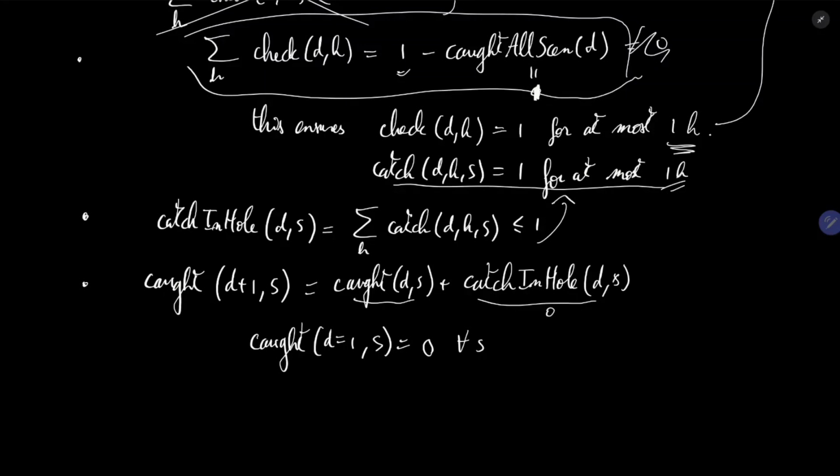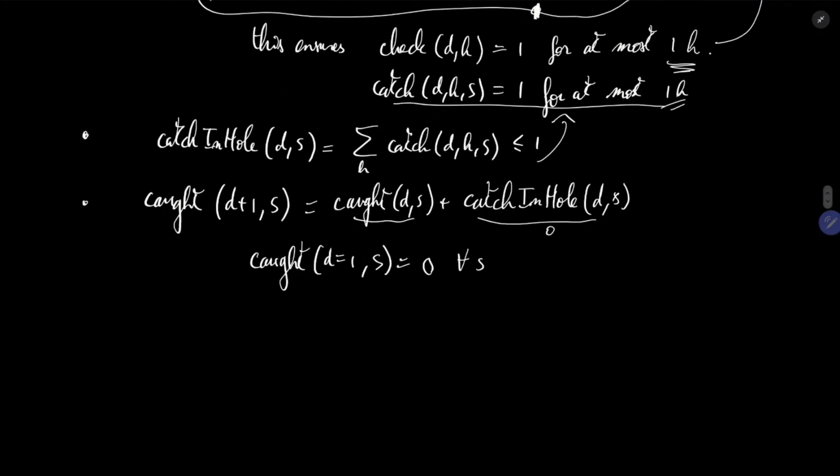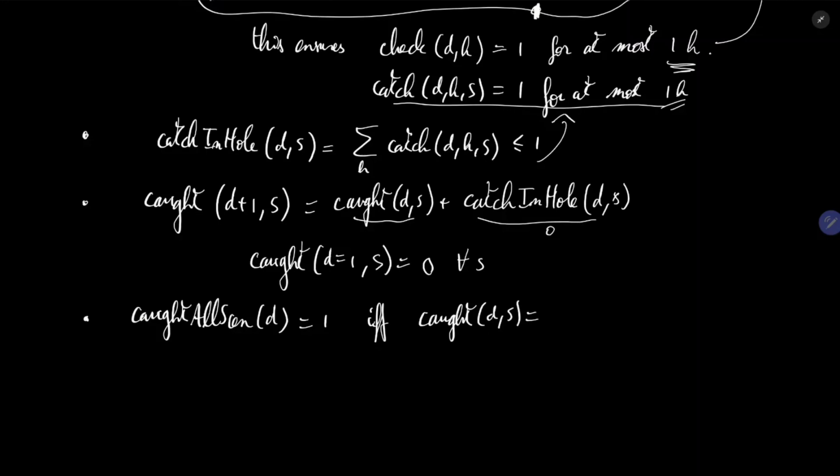Okay, let's continue. So now we are going to define the variable caught all scenario that only depends on D and not the scenario because it's for all the scenarios. And basically this will be equal to 1 if and only if caught ds is equal to 1 for all scenarios.